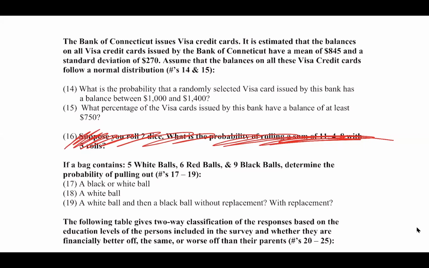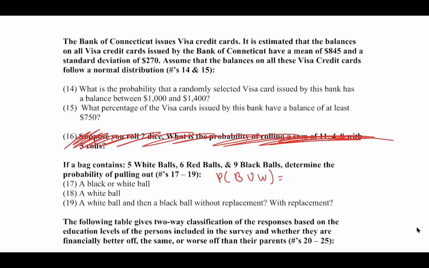Since we want either one of those two, you have to figure out that this is a disjoint or mutually exclusive event. You could either get a black ball or a white ball, but it's impossible to get a black and a white ball in one single pull. So this one is a disjoint event.